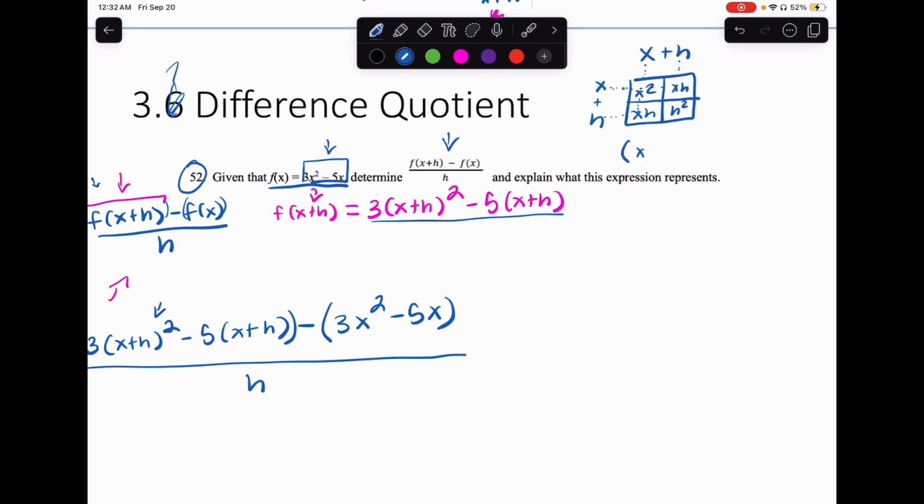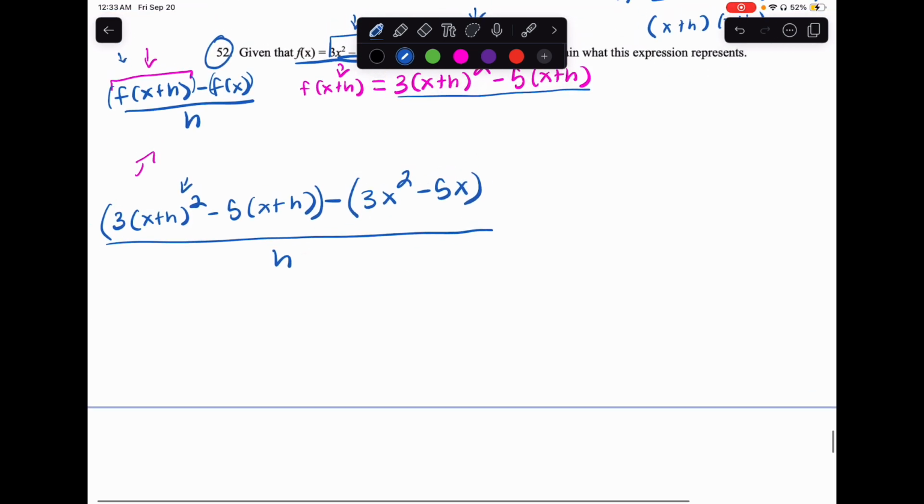Or you can do FOIL. Either way, you would get x squared plus 2xh plus h squared. That's just adding up everything inside the Punnett square, or FOIL. So with that expansion, we're going to rewrite this.